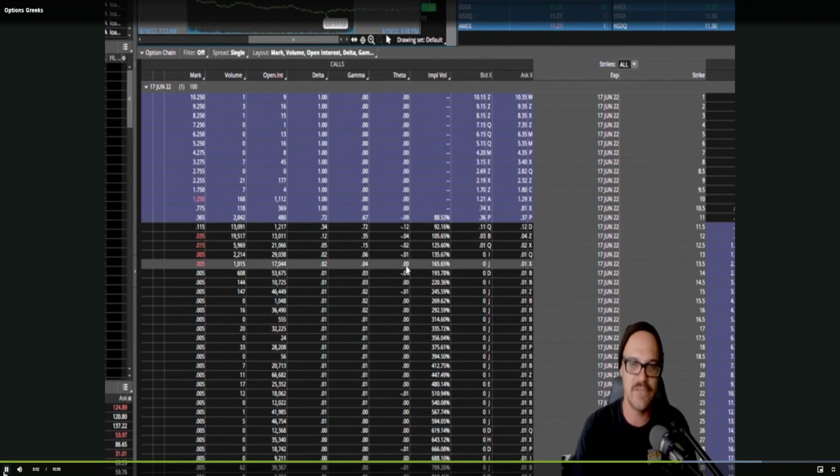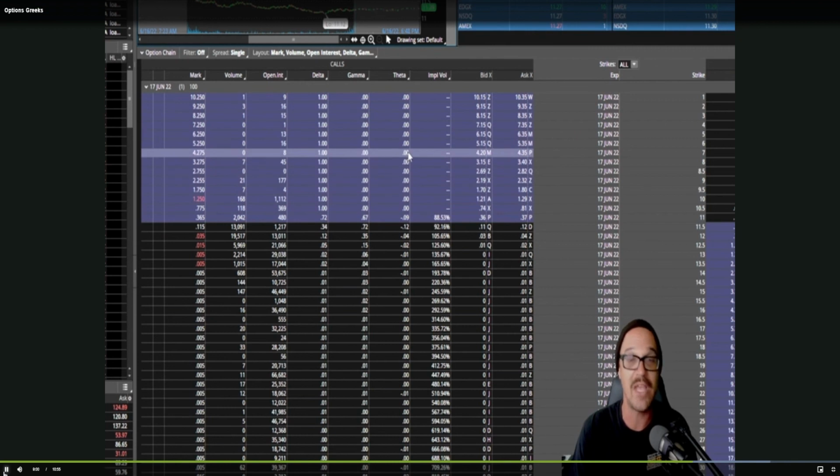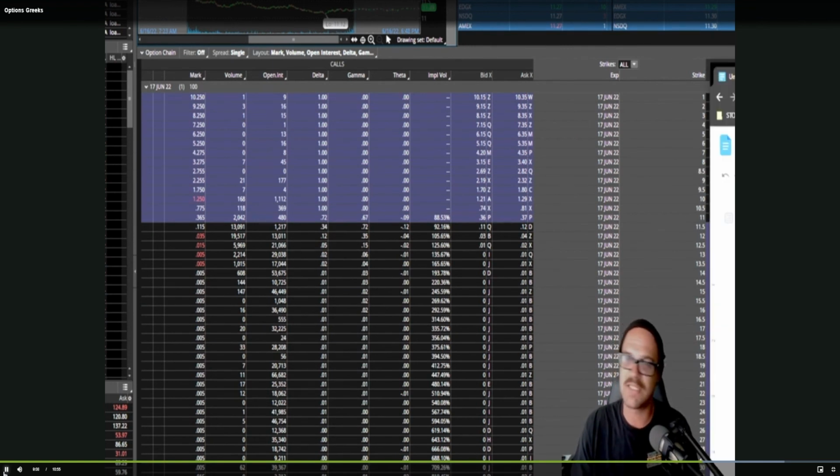So these are the kinds of things that go into determining option prices. And you can see that theta decreases as we move in the money, and it also decreases as we move out of the money.